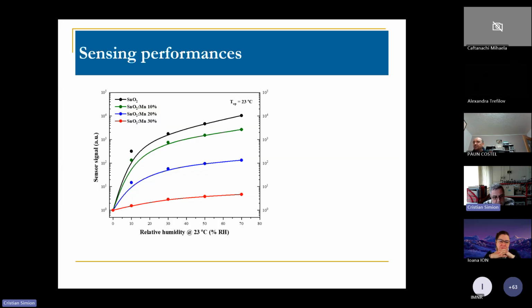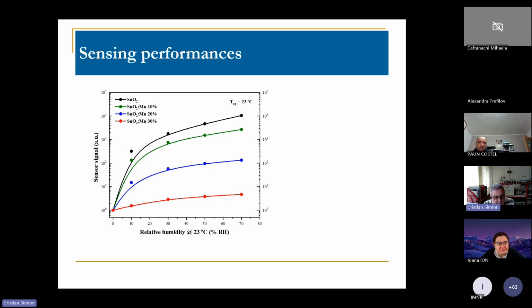What have we done? We have looked, first of all, at tin dioxide, which is the well-known sensitive material for NO2 and other target gases. But we doped this tin dioxide with manganese at 10, 20, and 30%.